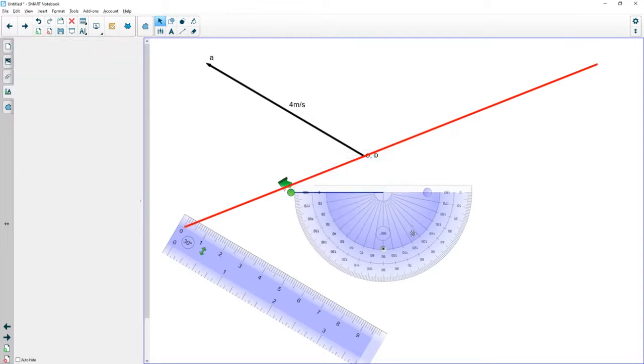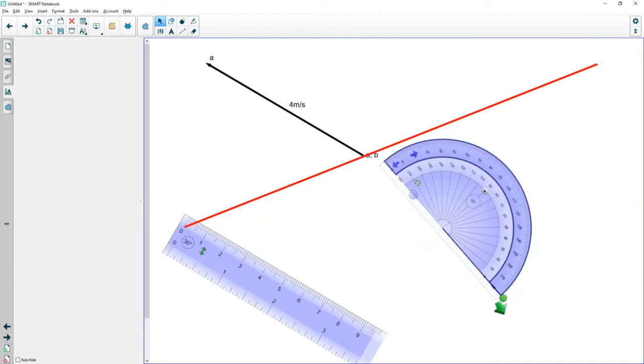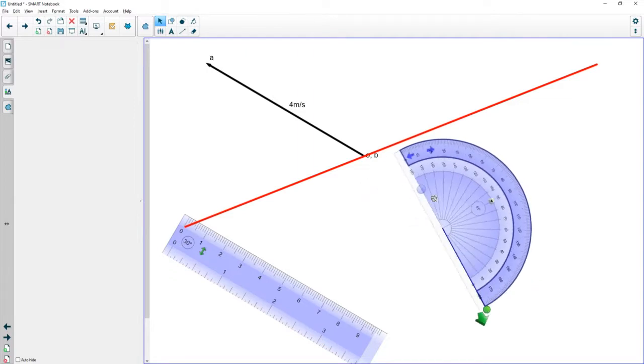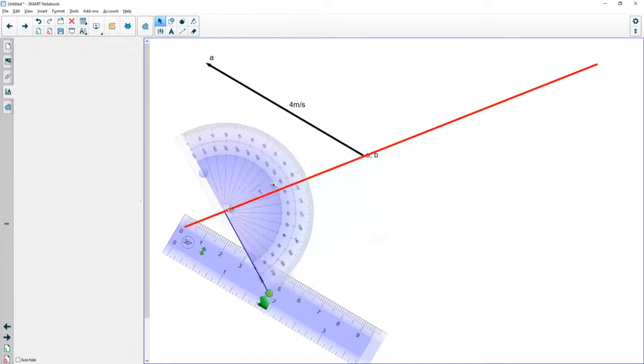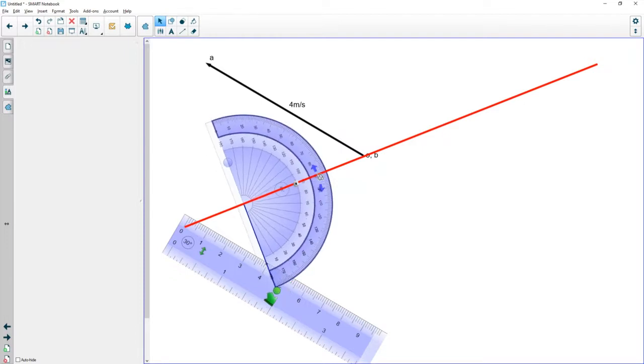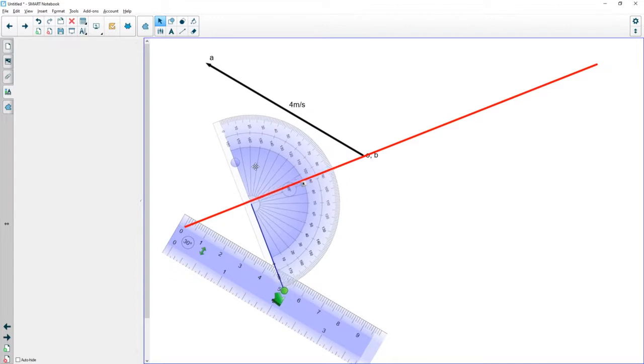What we want to do is move the protractor, and we're going to take 90 degrees of the red line we've just drawn. Okay, now I'm going to take that 90 degrees. Now I'm looking at that, and I can extrapolate that, I actually need my protractor to be slightly further up.